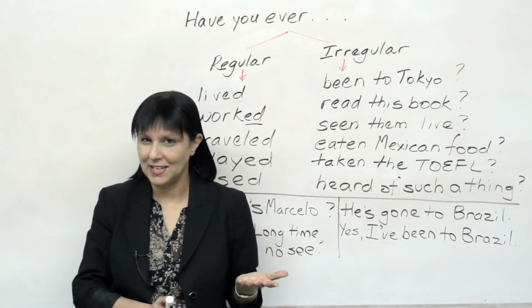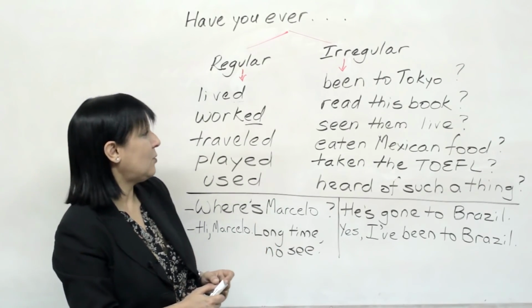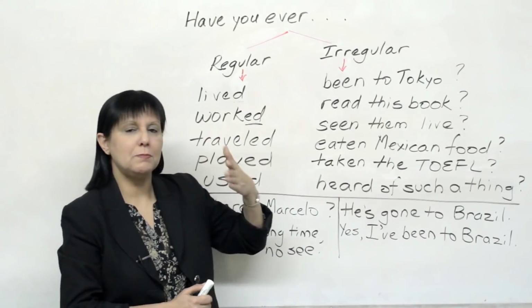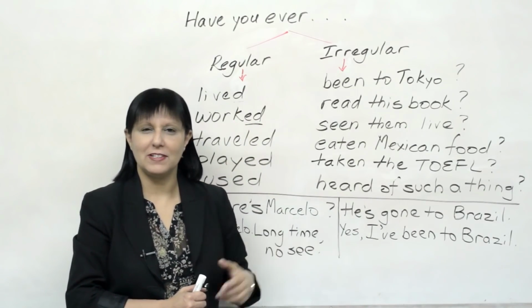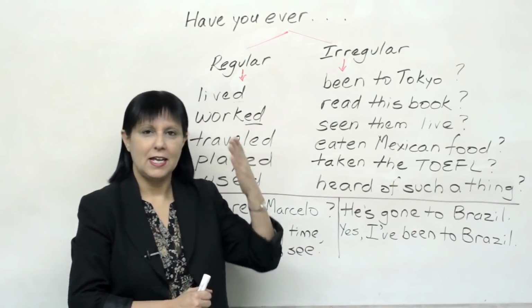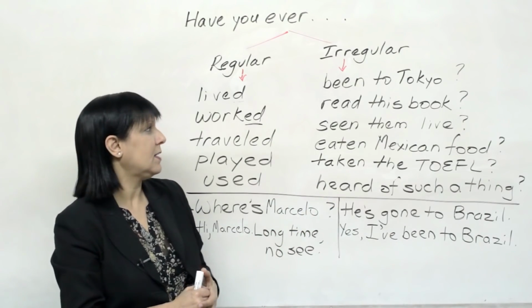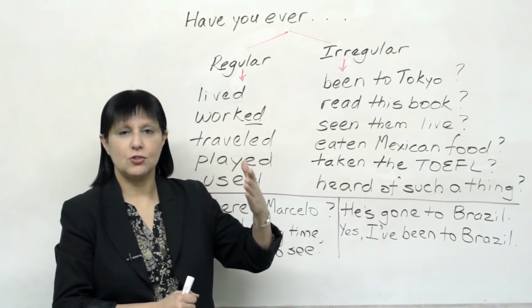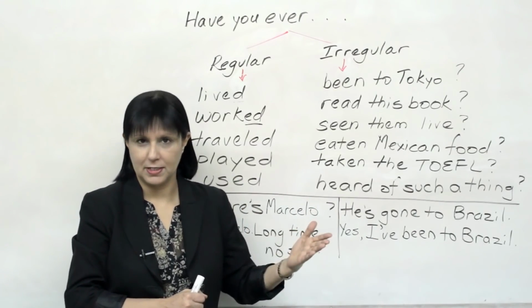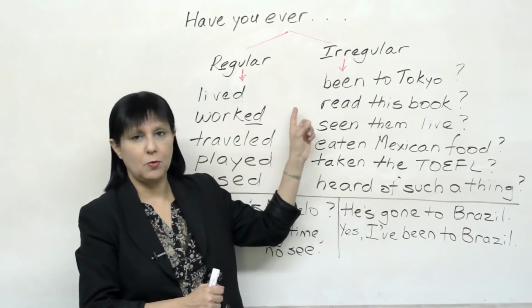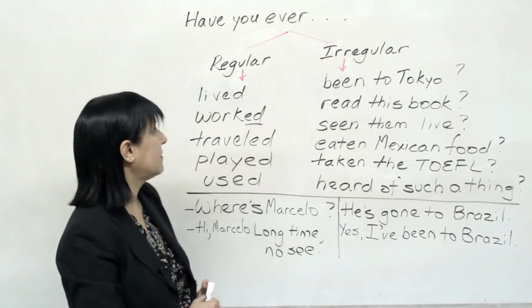There's no other way to use it, okay? You have to memorize this. And most people remember from school learning this sort of long list of irregular verbs in their three forms, okay? For example, see, saw, seen, right? Break, broke, broken. That third form is what we need to use here.